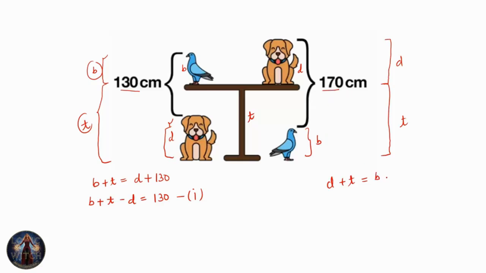So can I write it as d plus t is equal to b plus 170. Now if I take the b on the other side, this will be d plus t minus b is equal to 170. Considering this as my second equation, now if I add these two equations, let's see what we get.